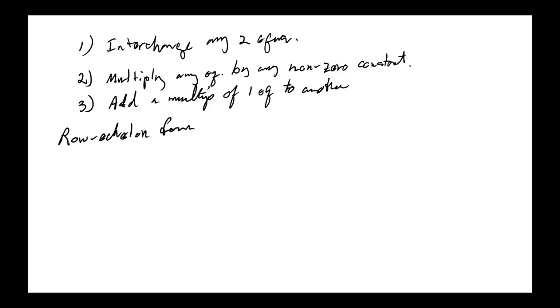Okay? Then, the first non-zero entry in any row is going to be a 1. But those leading ones will be stepping to the right as you go down. So you wouldn't have a leading one here and there and there. You know, in row echelon form, the first one is a 1 here, and then you have zeros below it. The first non-zero entry here will be a 1, the zeros below it, 1, then 0.